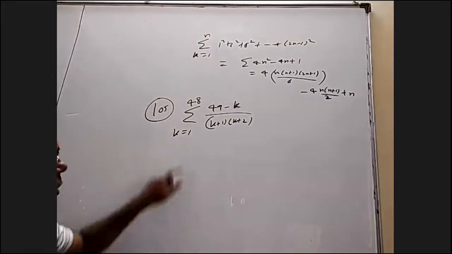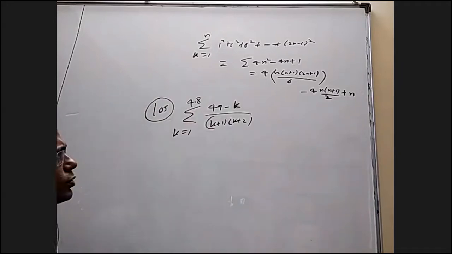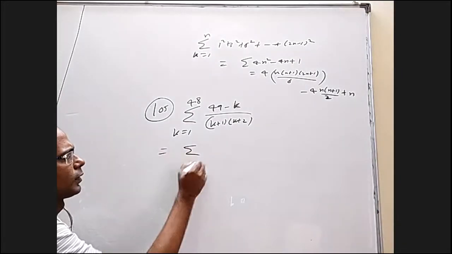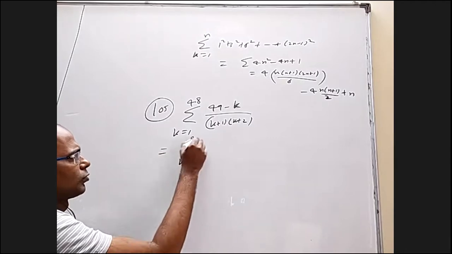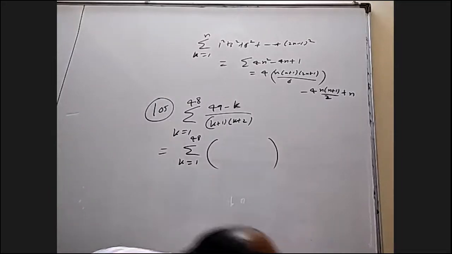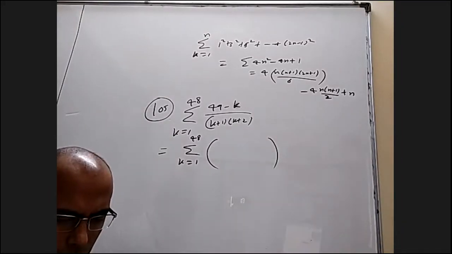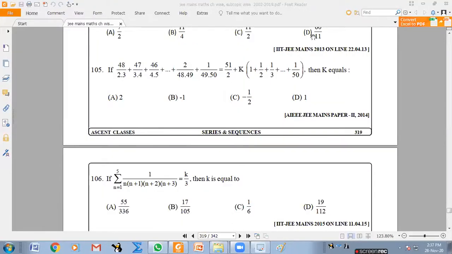Okay, they want this, sigma K equal to 1 to 48. This is basically like partial fractions, so I'm going to split it. K equal to 1 to 48. Let me check back. Yes, everything is fine.